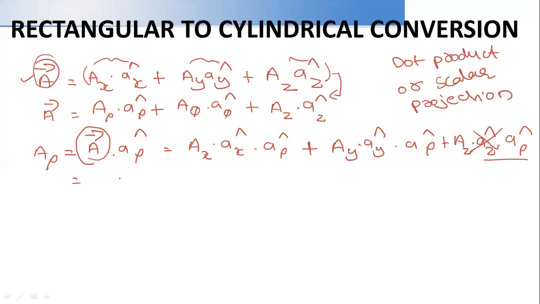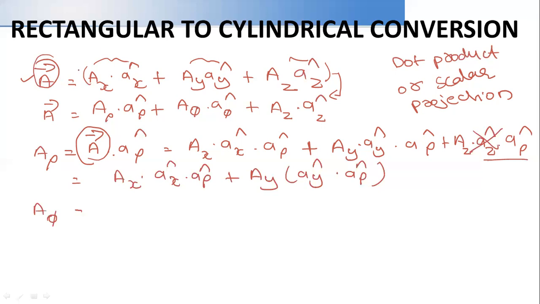So finally what will come? It will be like this much only. ax dot a rho plus ay dot a rho. Okay, that much. That is A rho.